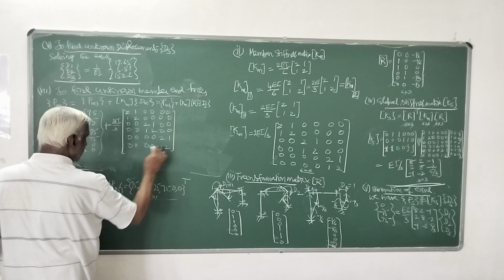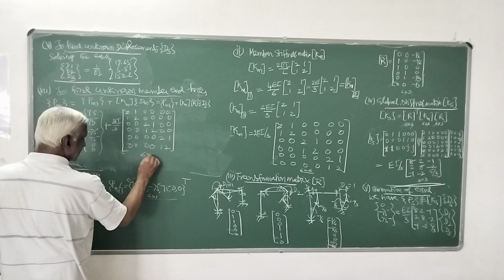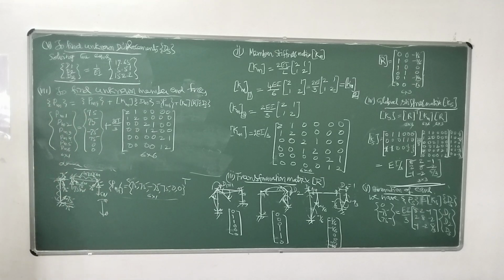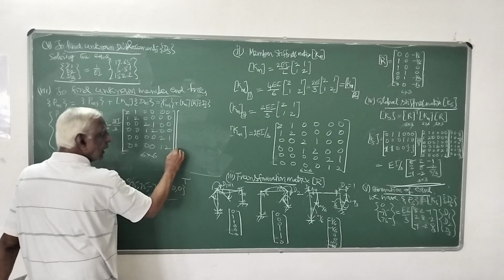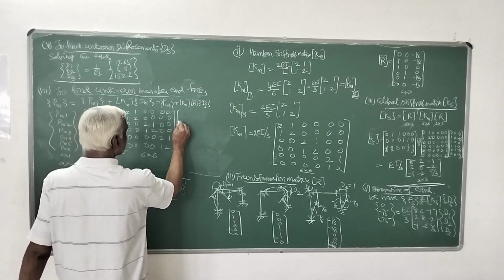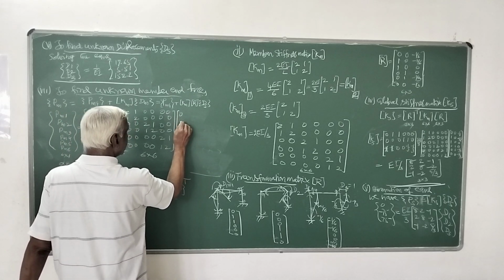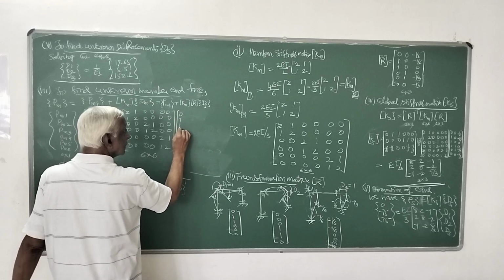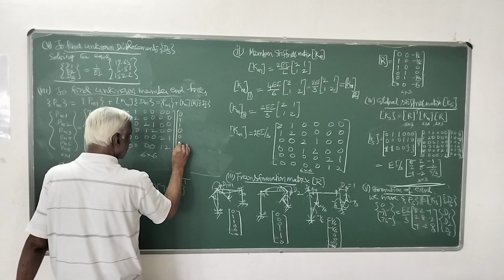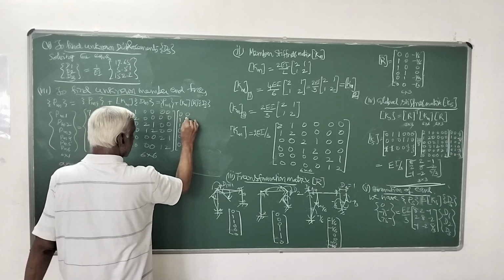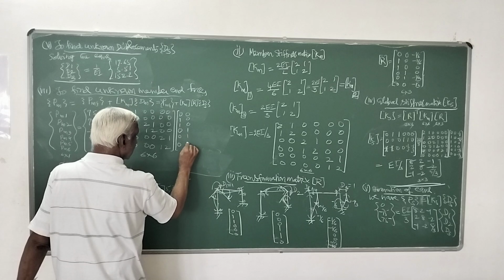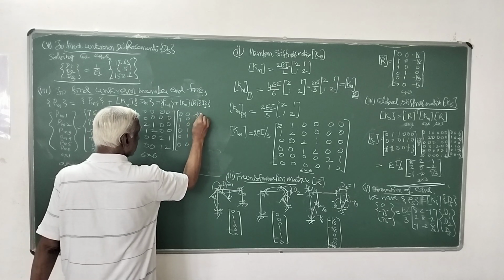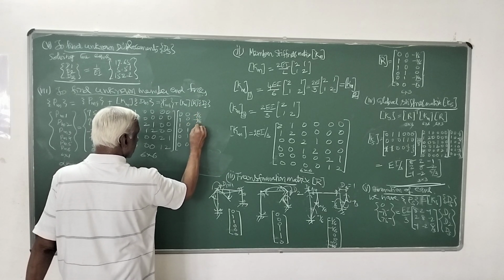This is the 6 by 6 matrix, multiplied by R. R is 0, 1, 1, 0, 0, 0, 3 zeros, 1, 1, 0, and minus 1 by 6, minus 1 by 6, 3.